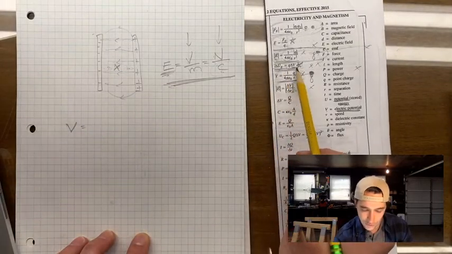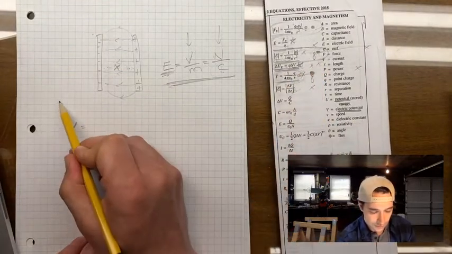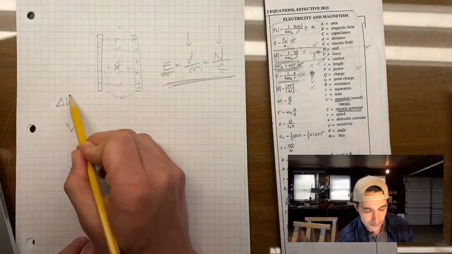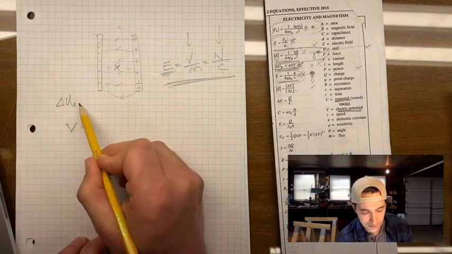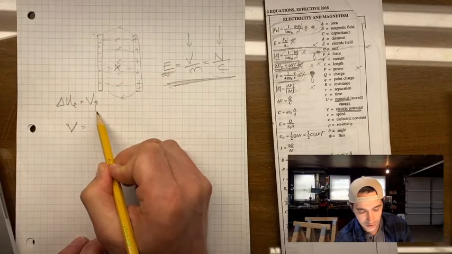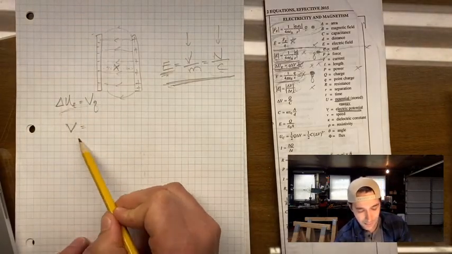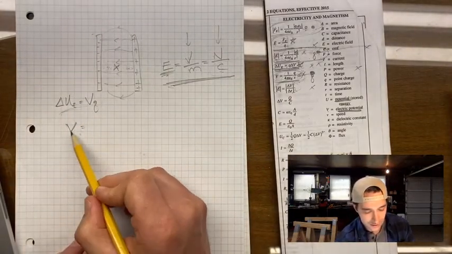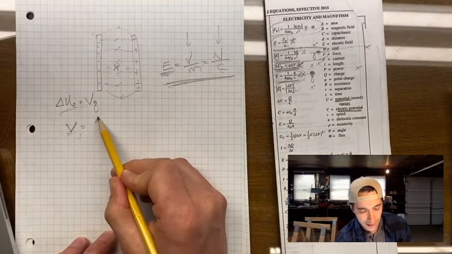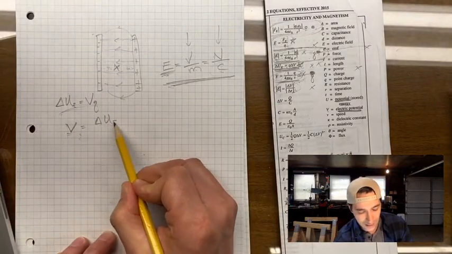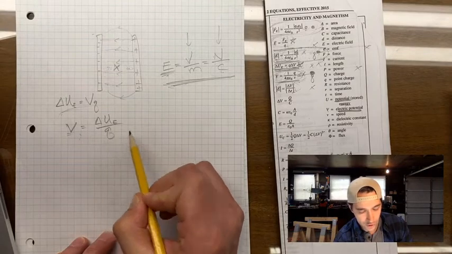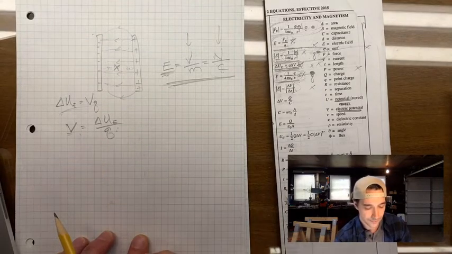I think of this equation: the change in electric potential energy is V times Q. So actually my brain goes straight to this. I think of electric potential as how much electric potential energy there is per unit charge. That's where I go right away.